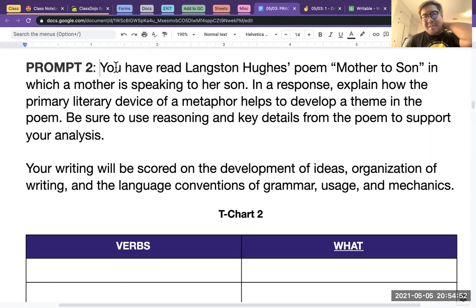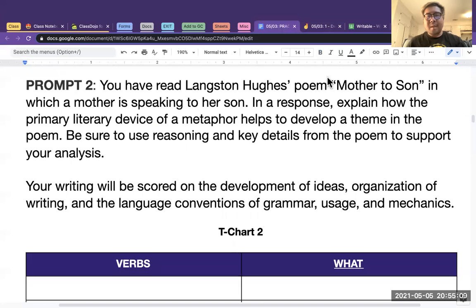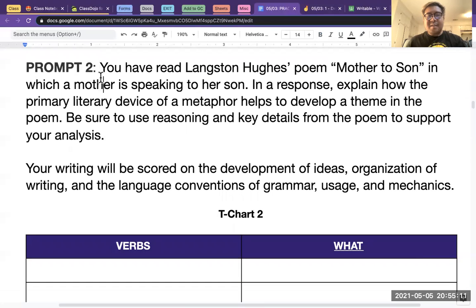Then the second step is to annotate. Annotate is broken up into 2 specific actions. The first one is to circle the verbs. How I would do that is literally go from sentence to sentence. First sentence.